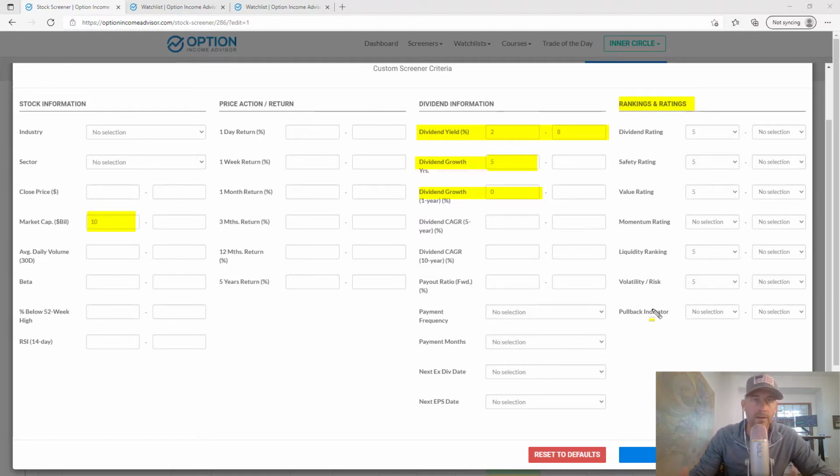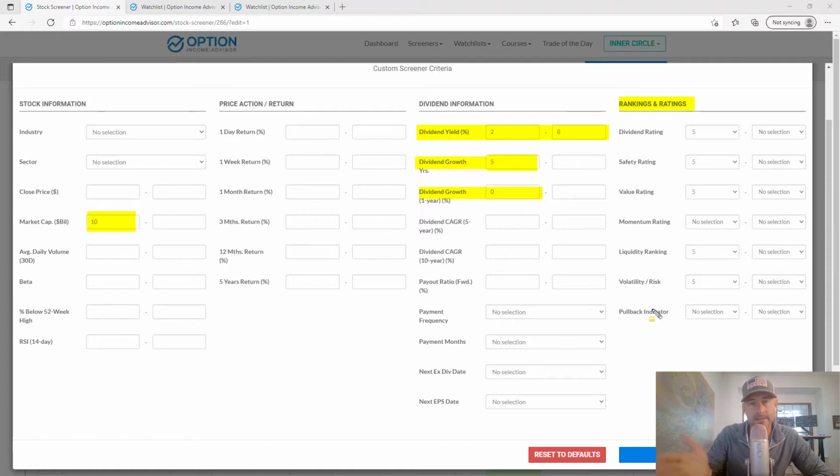What I've done here is I've just created percentile rankings. And so it goes from 1 to 10, 10 being the highest, 1 being the lowest, based on the metrics that go into each one of those categories. It ranks all the stocks in the universe, and we've got about 750 stocks in our universe, against each other, and then it provides a percentile ranking for them.